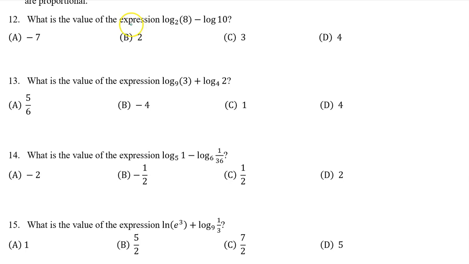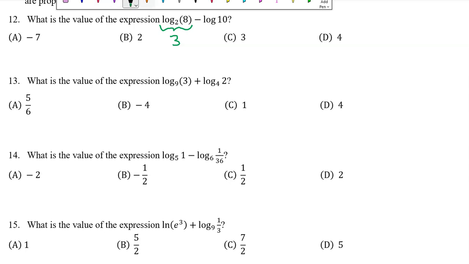Number 12. What is the value of the expression log base 2 of 8 minus log of 10? Well, a log is the exponent that turns the base into this other number. So the log base 2 of 8 is 3 because 2 to the third power is 8.